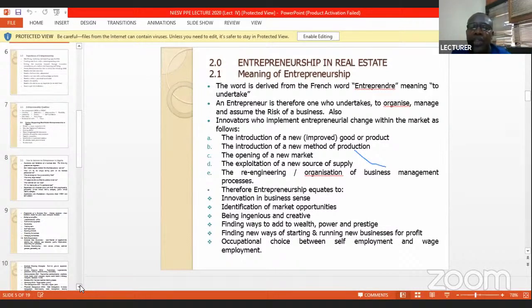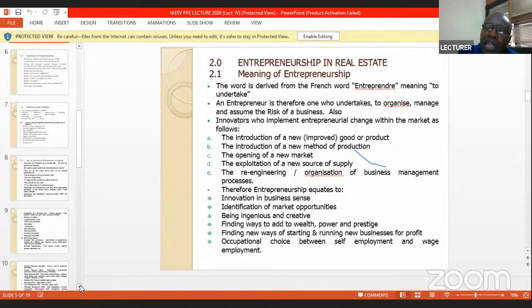So, any person who undertakes to organize, manage, and assume the risk of a business can be referred to as an entrepreneur.